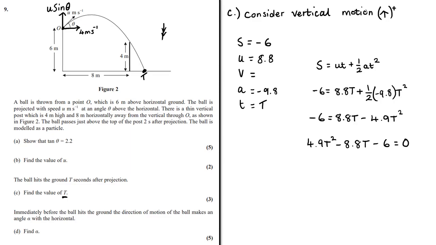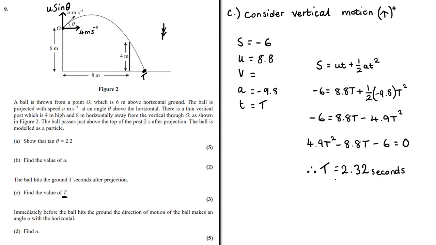Now it's up to you whether you use the quadratic formula here. I would just recommend using your calculator. If you've got the quadratic, or you can input polynomials into your calculator and it'll give you the solutions. I've just done that here. And using my calculator, what I get then, my positive solution, is that t is equal to 2.32. Okay, so this is 2.32 seconds.